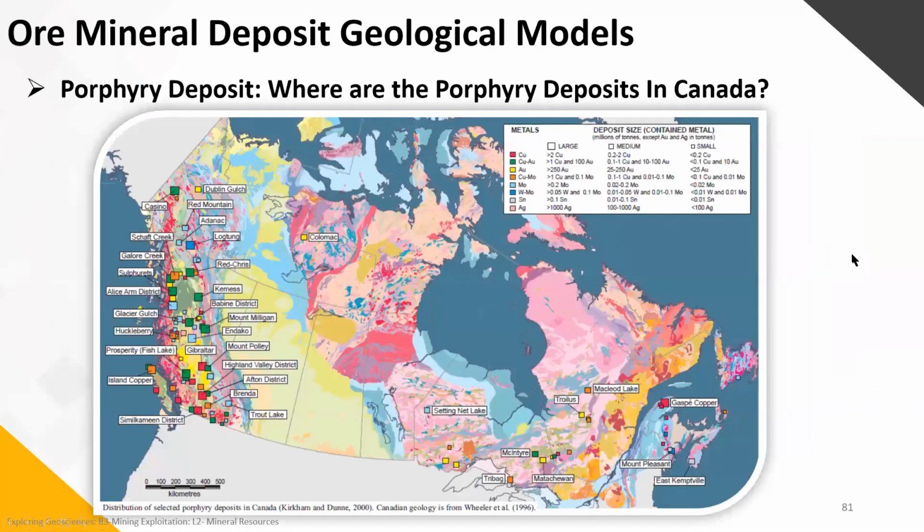Within the country, our major porphyry deposits are within the western area. We have a few within the rest of the country, but the major ones are out west.